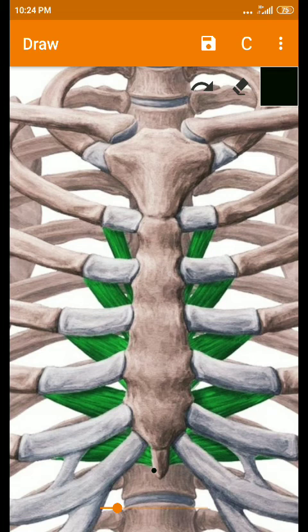The triangularis sterni muscle is also shown to be active during quiet expiration in older subjects. That means in older people, in standing position, these muscles help in expiration.